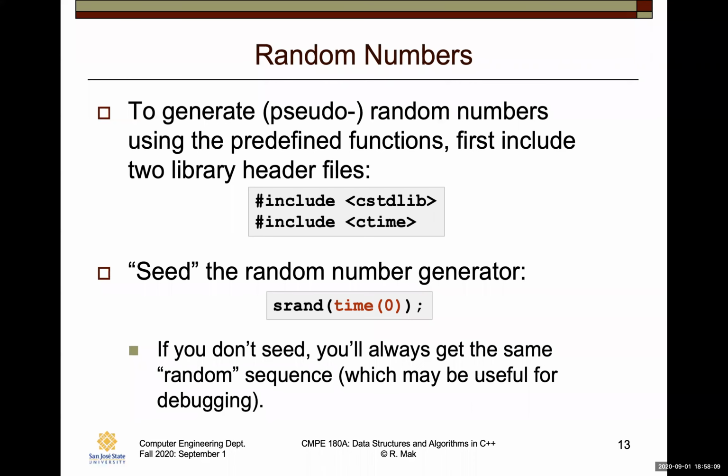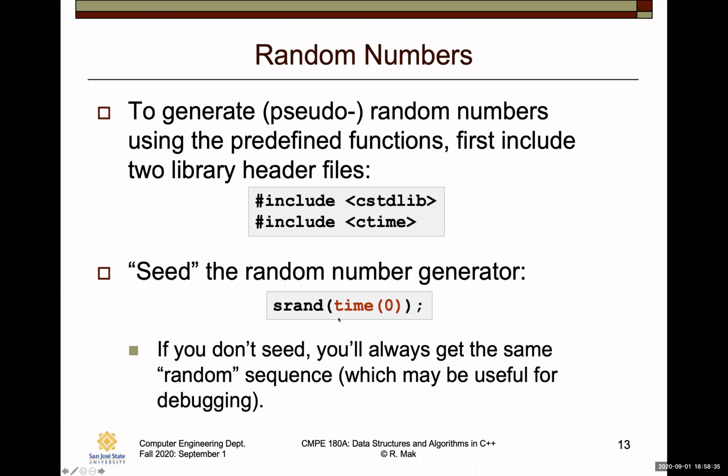So if your program, which uses a pseudo-random number sequence, maybe has a bug, then you want to make sure that every time you run that program, because you're doing debugging, you get the same sequence of random numbers so that your program behaves the same way every time. So there, with srand, you would just give it the same number.